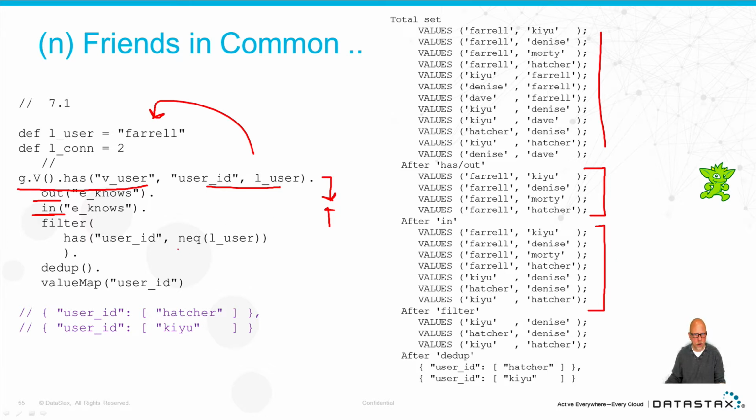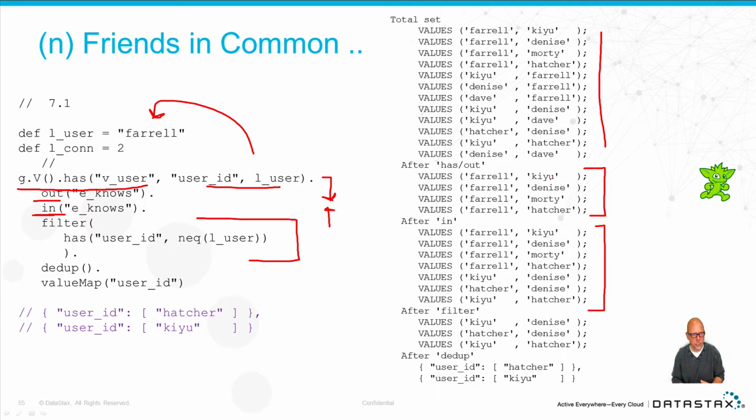And as it turns out, if you don't have this filter removing Farrell, Farrell will wind up knowing Farrell, and big deal. We could have guessed that, right? You'd hope so. So the structure of out and then in from that result set: the out was who does Farrell know, and then the in attaches who do those people know, who Farrell knows.